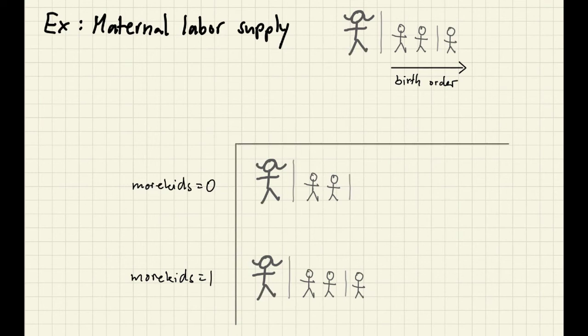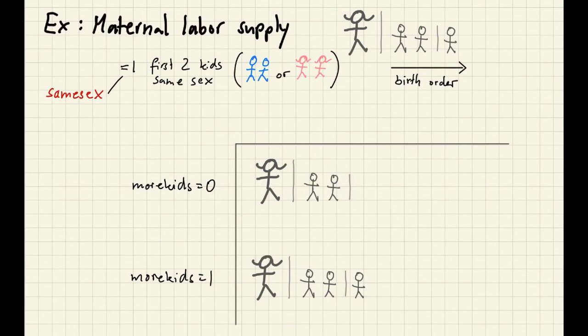Our instrumental variable will be a variable called same sex, and it takes the value 1 if the first 2 children have the same sex. That is, if the first 2 children are either 2 boys or 2 girls.